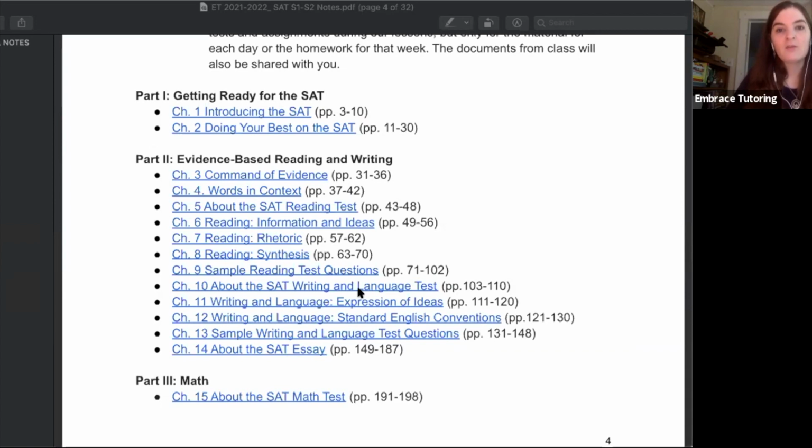Complexity is another text feature here in the reading test section, because, as I'm sure all of you have seen by now, sometimes a literary passage or even a science passage could feel like it's a lot easier to you.